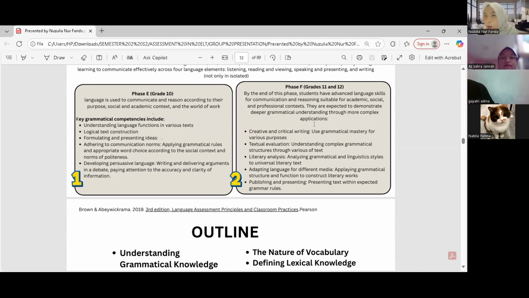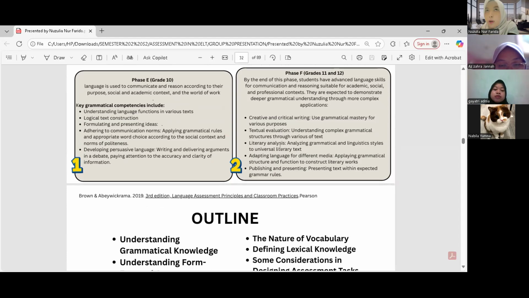And for phase F, or grades 11 and 12, it requires students to be creative and think critically, and then evaluate several texts provided like narrative and descriptive, yeah. And it also provides students with literary analysis.